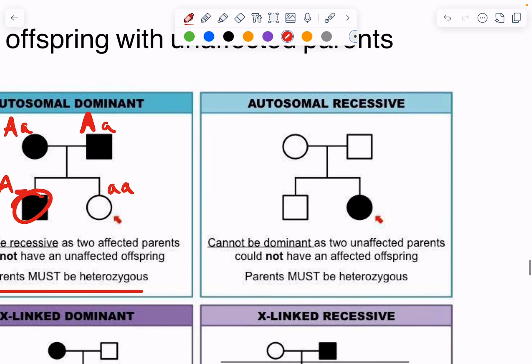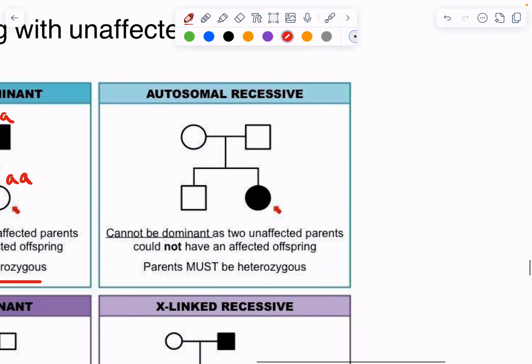If we look at another example, autosomal recessive. Now let's say we don't actually know, and we have to guess, looking at this pedigree, whether it is recessive or dominant. This is where we play the hypothetical game.